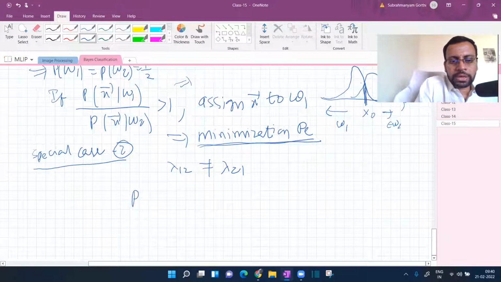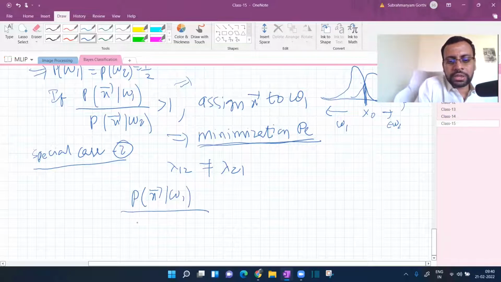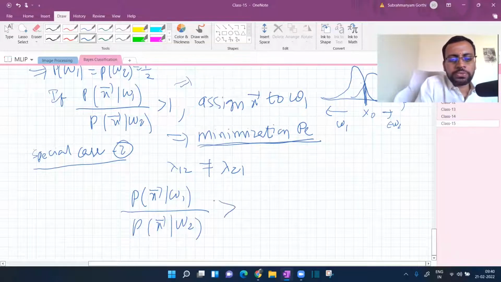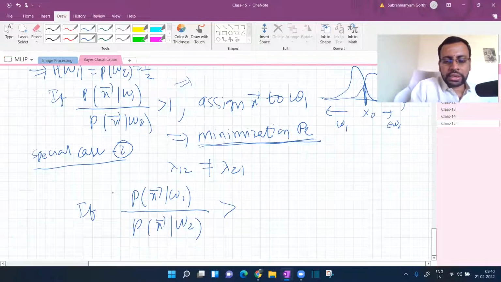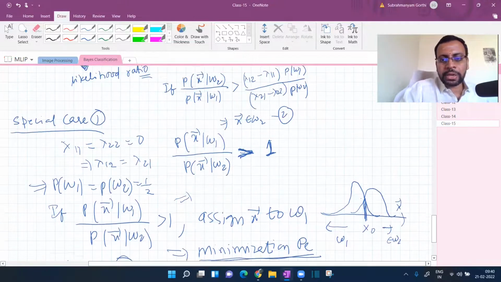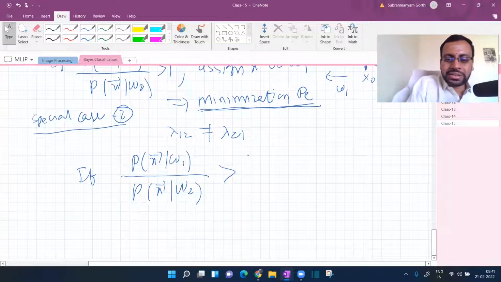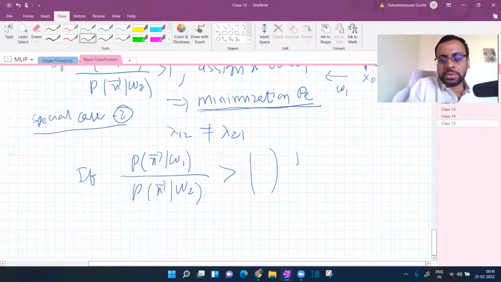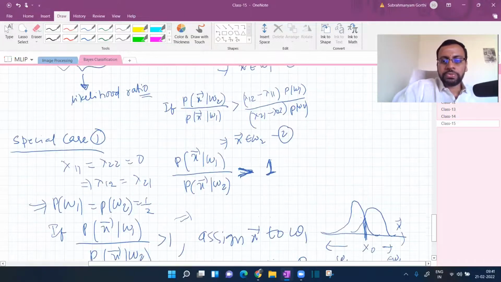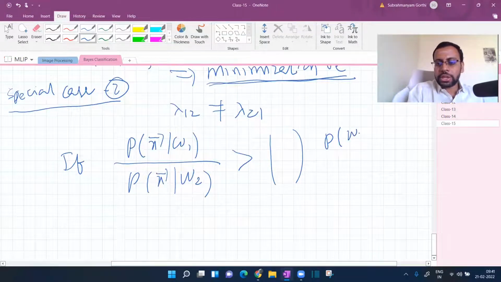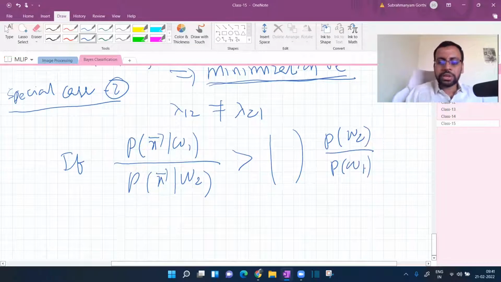Probability of x bar given omega 1 divided by probability of x bar given omega 2, if this is greater than, what is the multiplication constant there? Let me also write here some constant into probability of omega 2 divided by probability of omega 1.